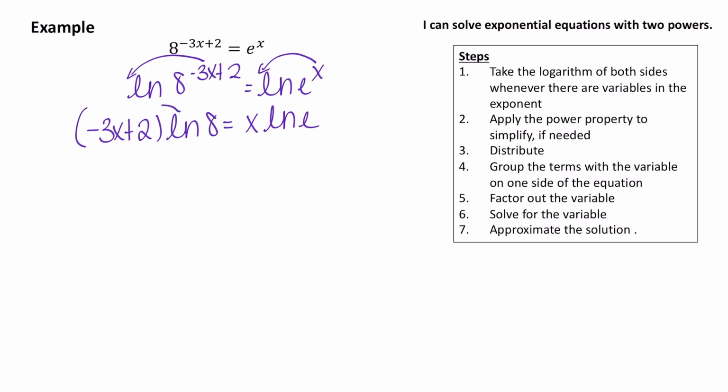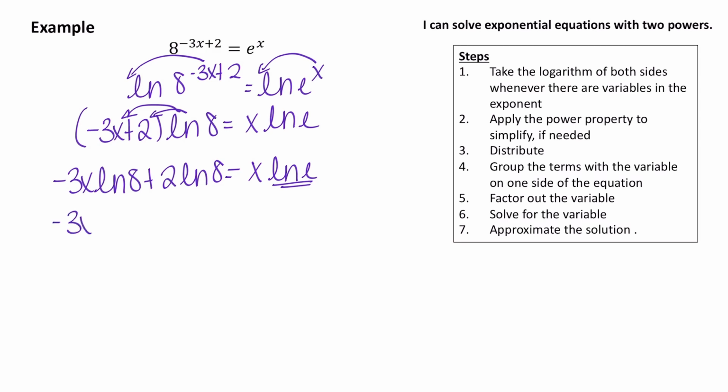And then now I'm going to distribute over here. So I have negative 3x ln 8 plus 2 ln 8 equals x ln e. And notice that the natural log of e is what I have there. Remember, if you have the same base and you're taking the natural log of that, that's just going to be 1, okay?